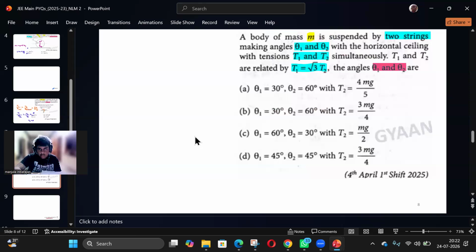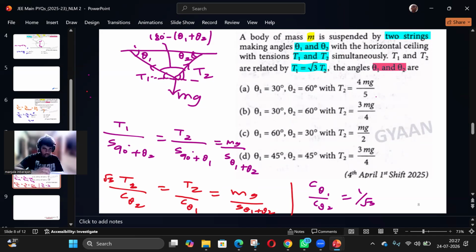This one is similar to the previous question, 2 6 by T1 and T2. And it's T1 and T2 they're asking. mg is equal to 10. Option B. Cos 60 is half.